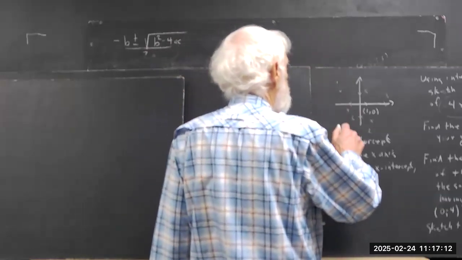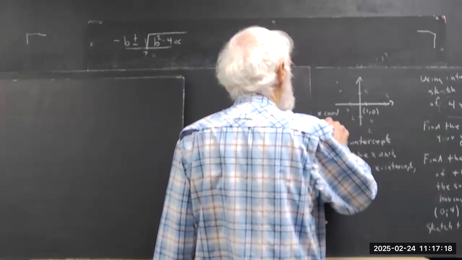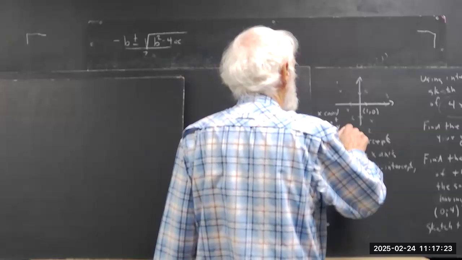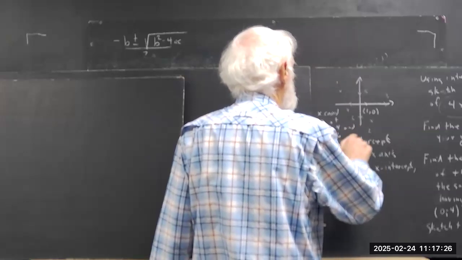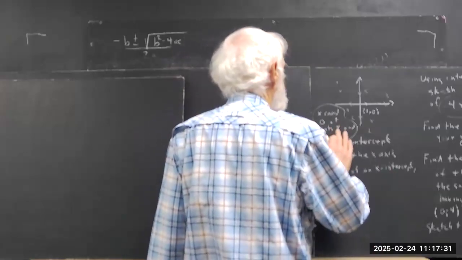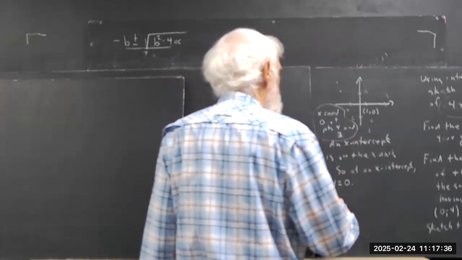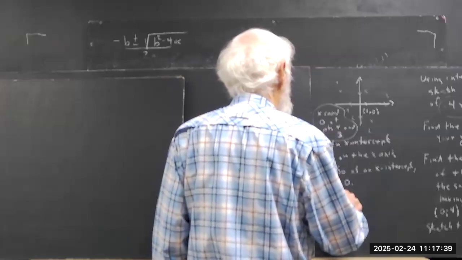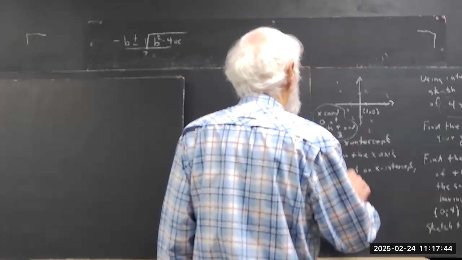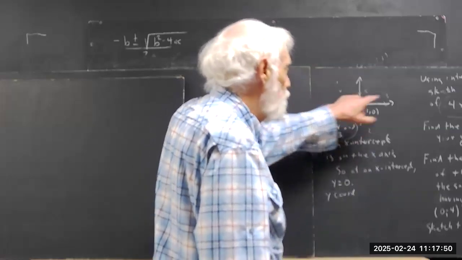And if we look at the x-intercept, the y coordinate is 0 at points 4 and 3.